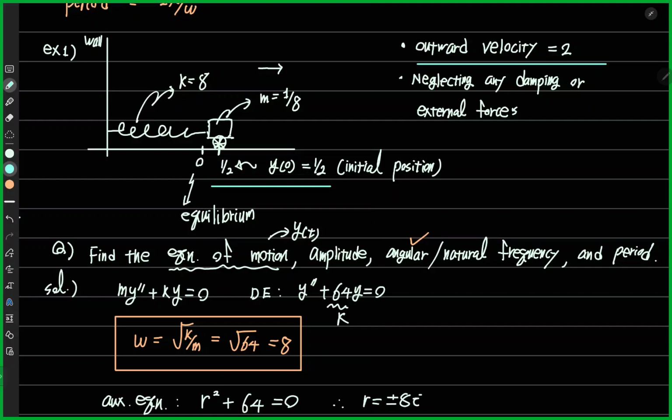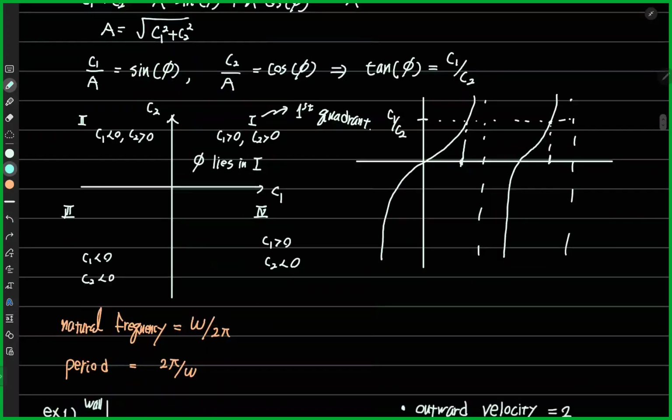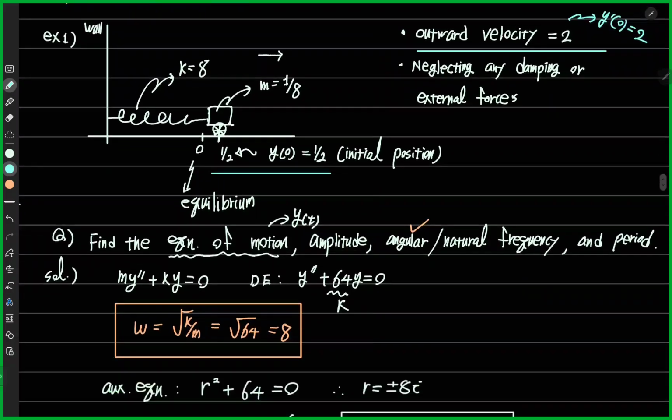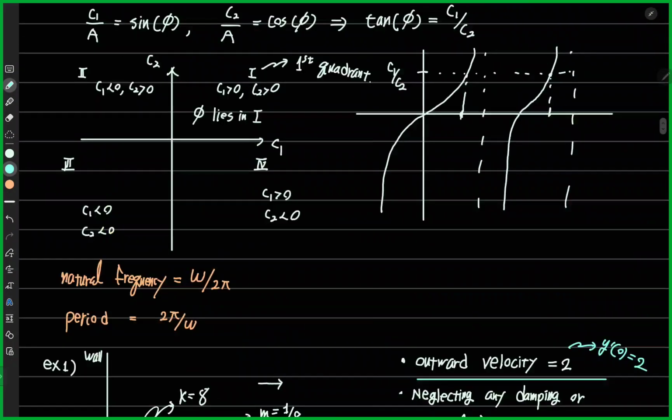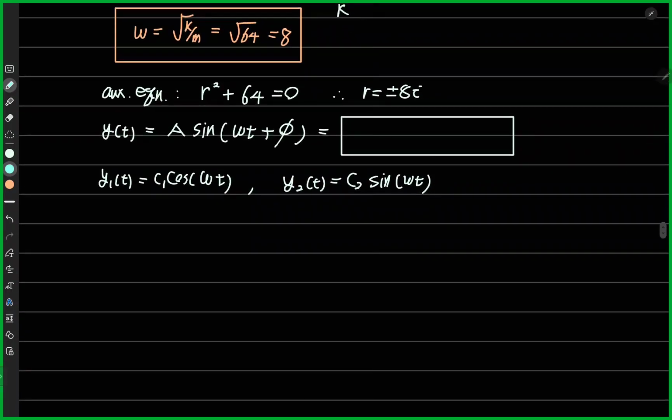Okay, so y prime of 0 is 2. And y of 0 is 1/2, right?